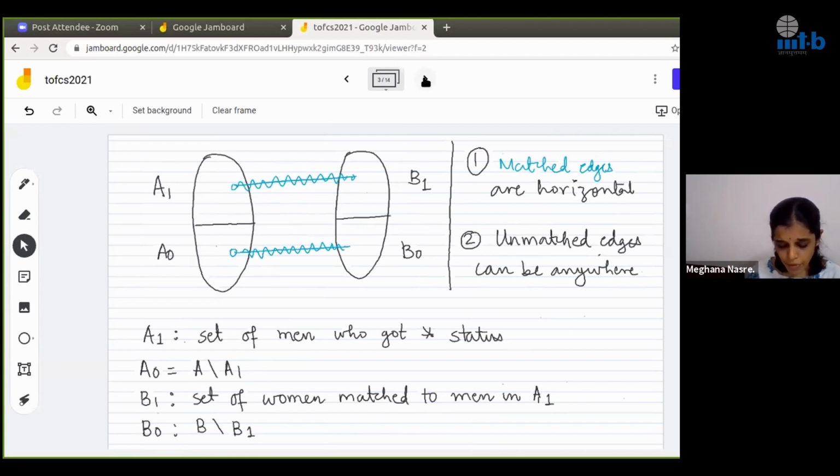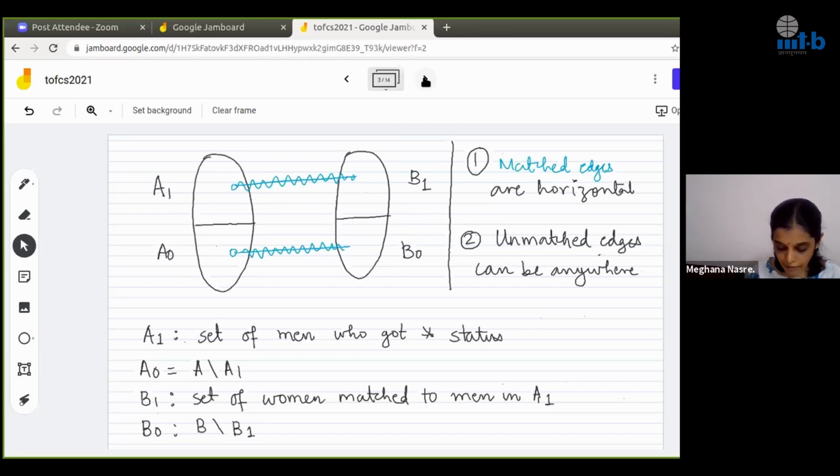So note that all the matched edges that we have, by definition, are going to be horizontal, or they will lie completely in A1, B1 or in A0, B0. So why do I say this? Because of the way I have selected B1: it is the set of women who are matched partners of A1s, right?